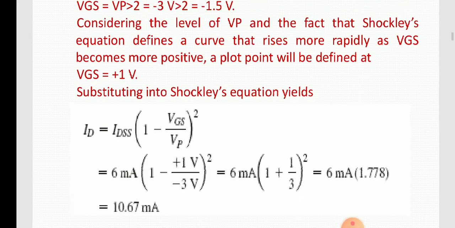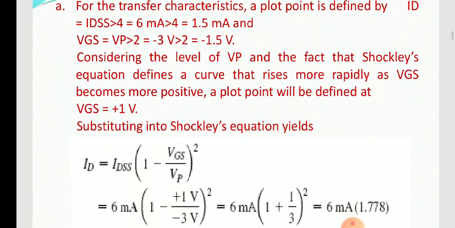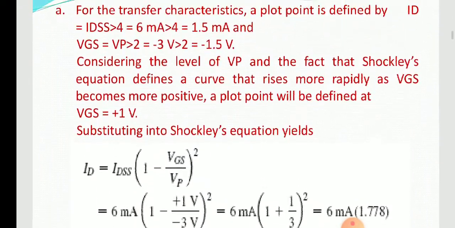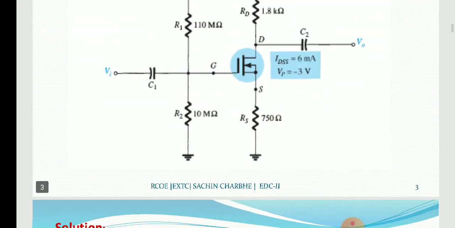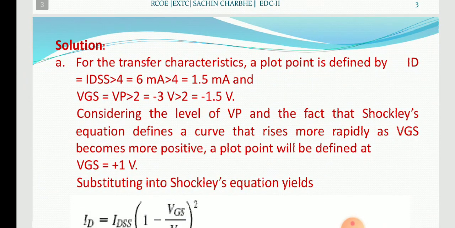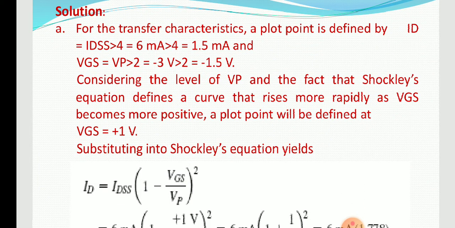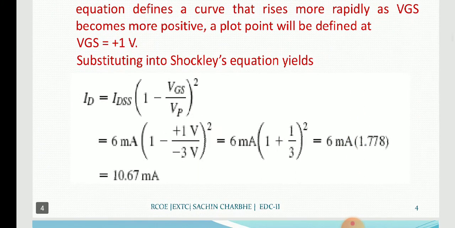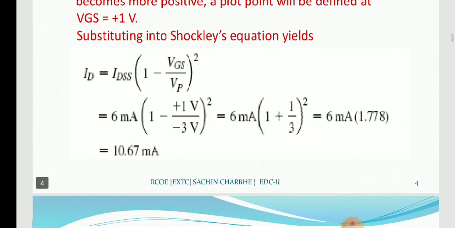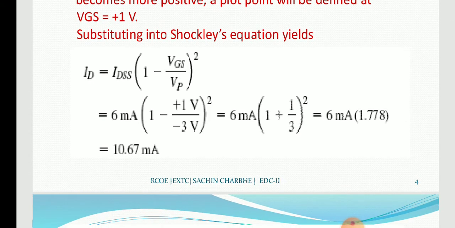We have to choose the value of VGS within the range of the pinch off voltage, so we choose VGS as +1 volt, then pinch off voltage is fixed, that is -3 volt. So we are getting the drain current ID as 10.67 milliampere at VGS 1 volt. Similarly, you can choose different VGS values in that range, calculate the values and plot the graph.